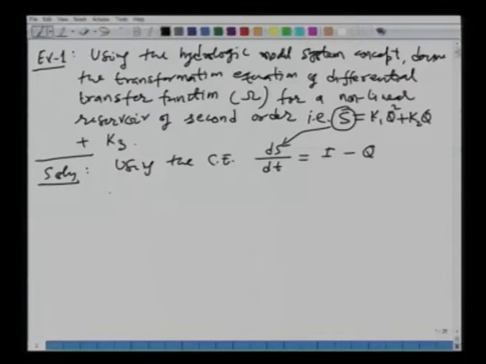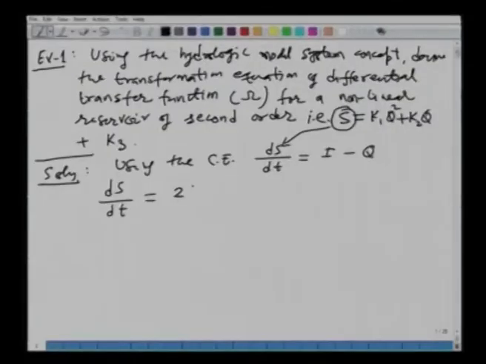Let us first find out dS over dt. K1, K2, K3 are constants, and the only thing that varies with time is the storage or the outflow. So, it will be twice K1 Q times dQ over dt.